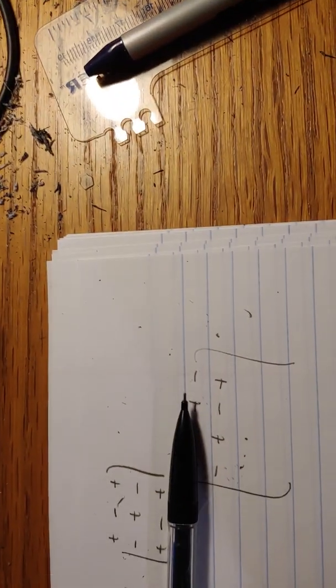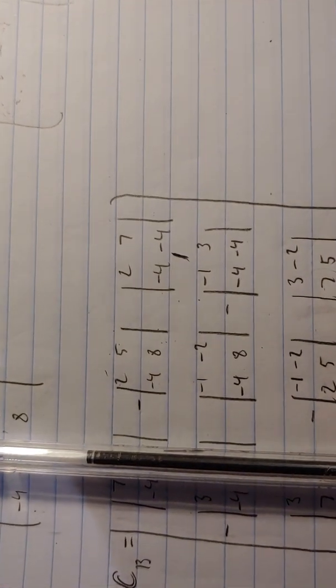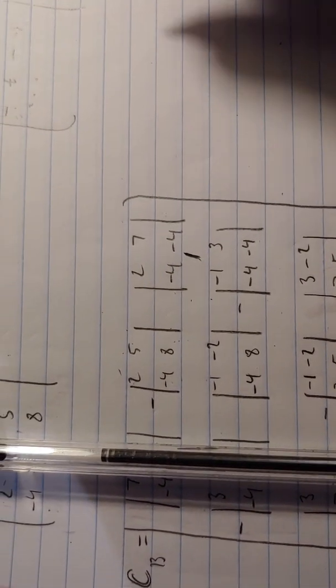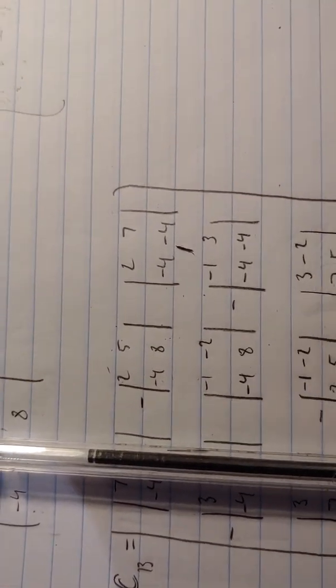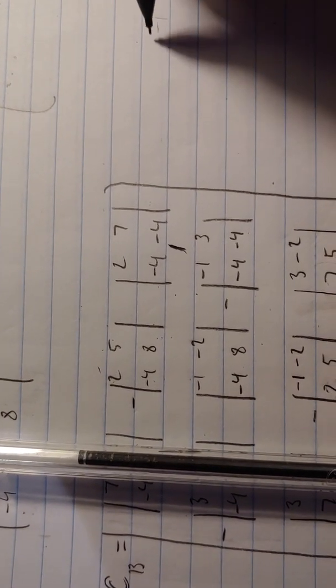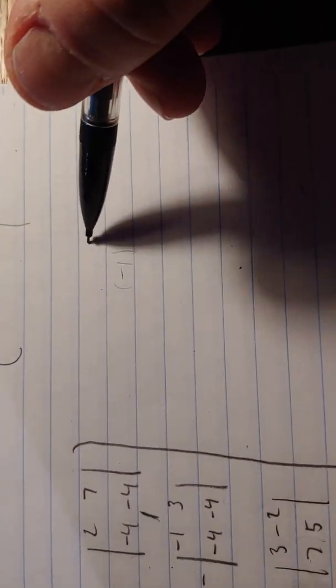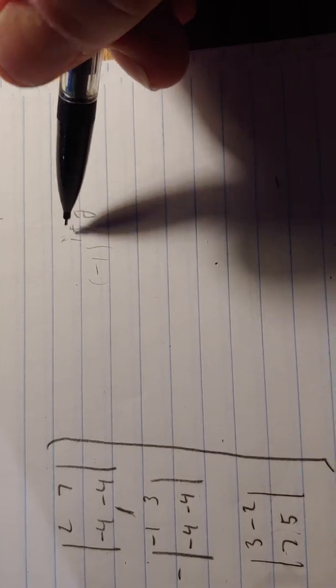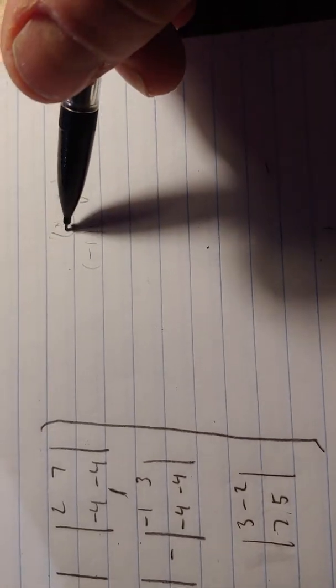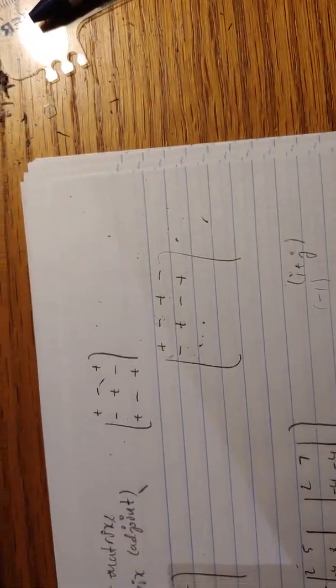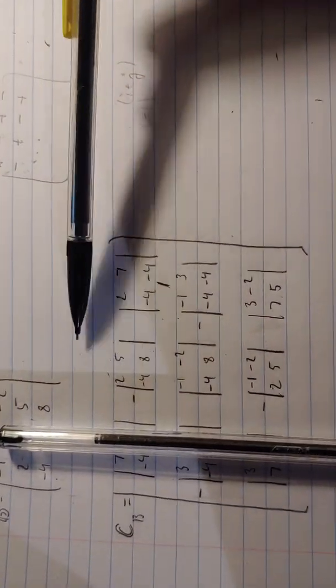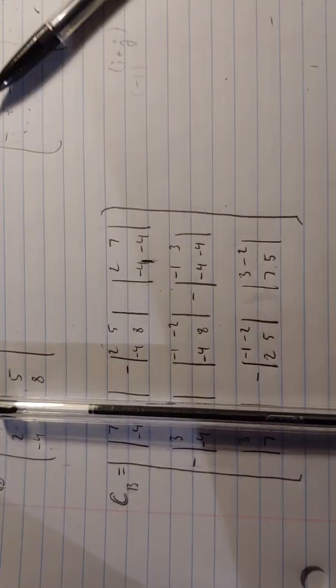So that's where you get this alternating thing. That's where people say -1 to the i plus j, and that's the i plus j referring to the position in the matrix. But an easier way to do it is just think about it like this. It does the same thing. So basically we've got that here.